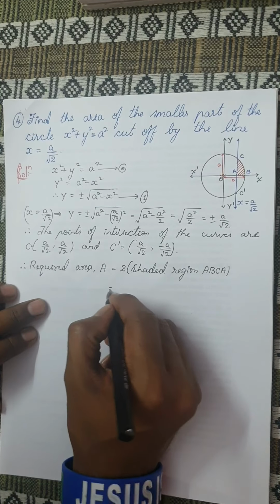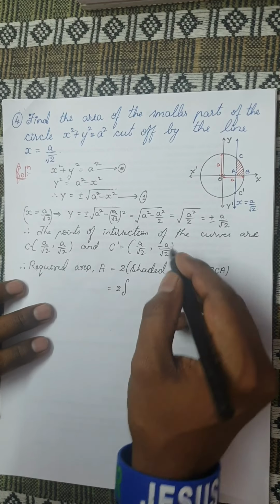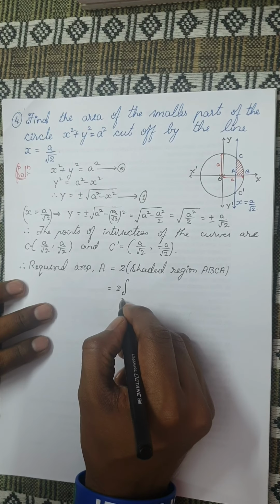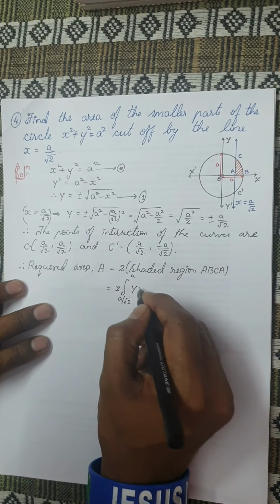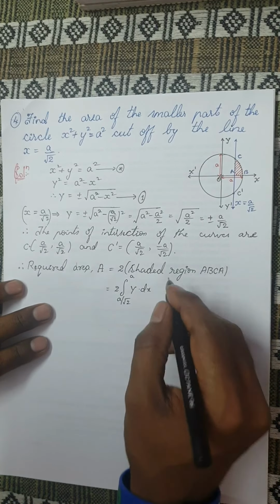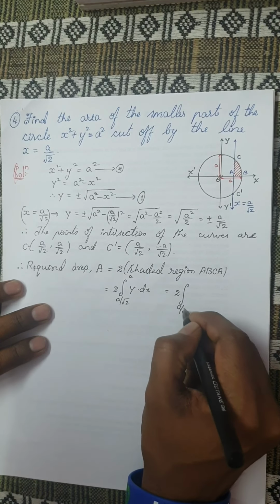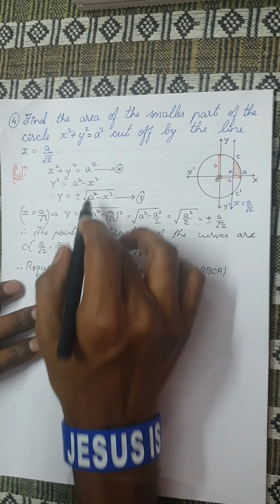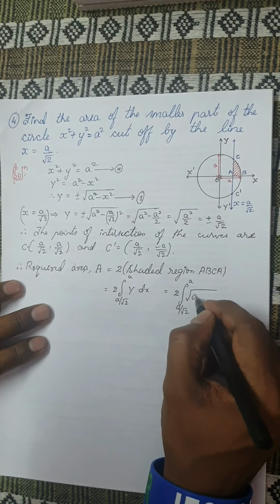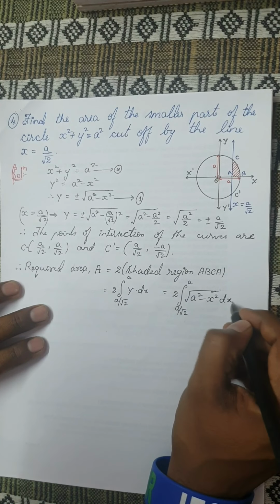So that is 2 times the integral from A to B, which means from a by root 2 to a, of y dx. So that is 2 times the integral from a by root 2 to a of root of a square minus x square dx.